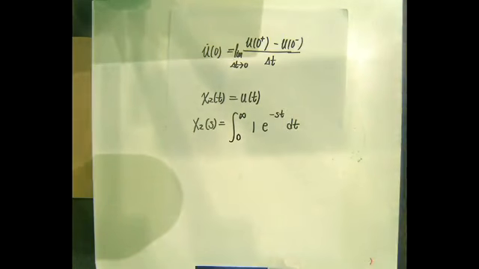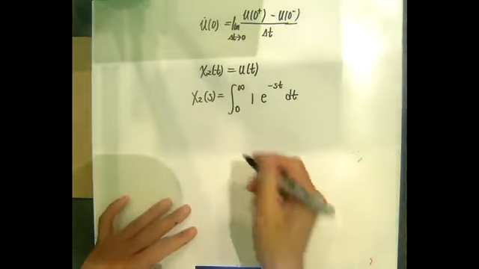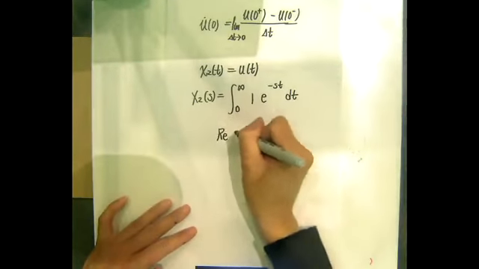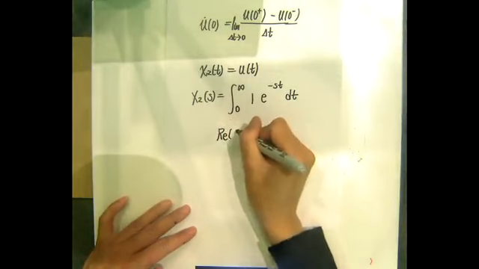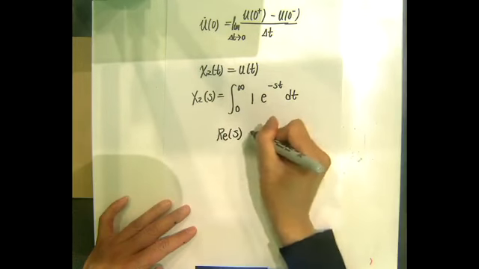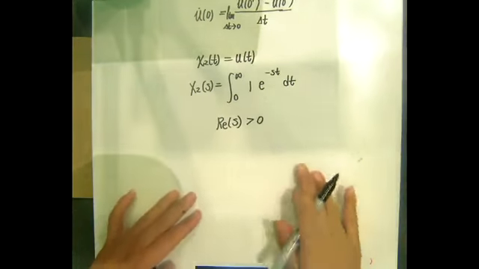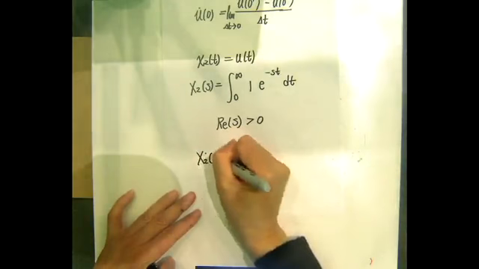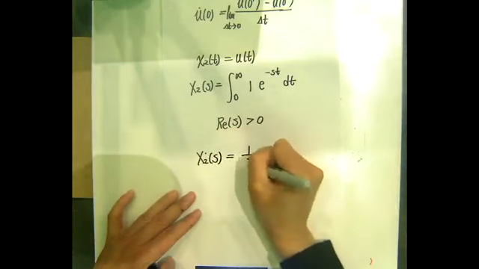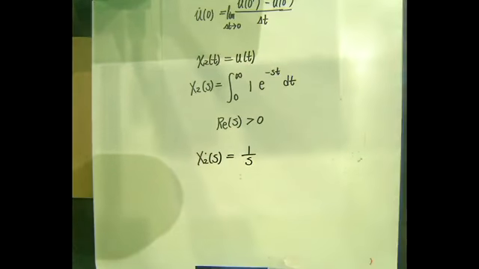Okay, so in this case, if the real part of my s is positive, so that it will have decay, then my X2(s) will be 1 over s.